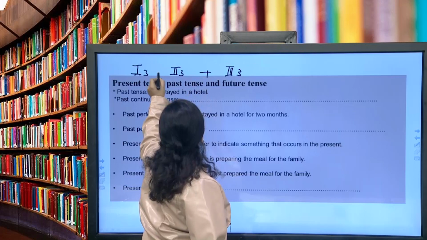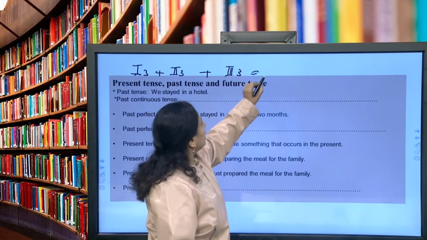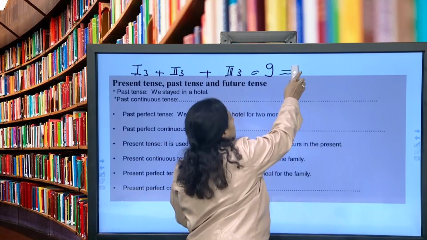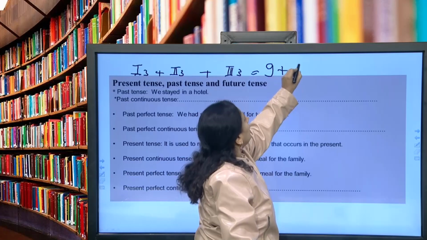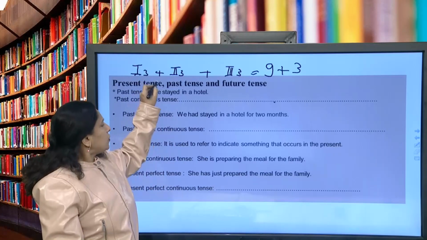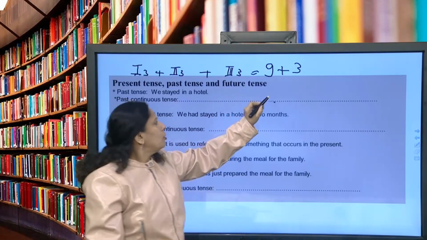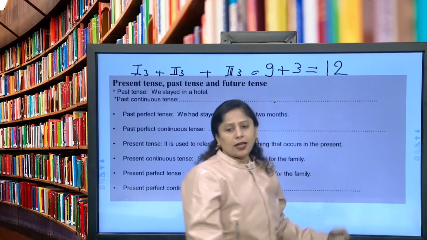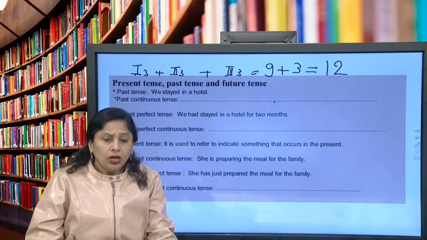So 3 plus 3 plus 3 is 9 tenses, and 9 tenses plus 3 more tenses that I told you: the present perfect continuous, the past perfect continuous and the future perfect continuous. So there are 12 tenses to learn.